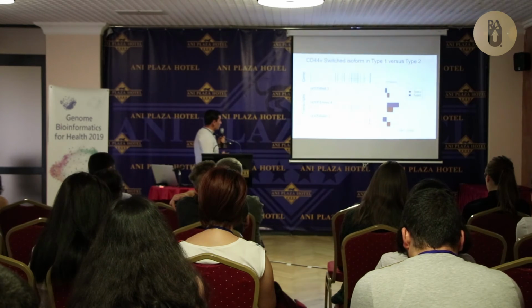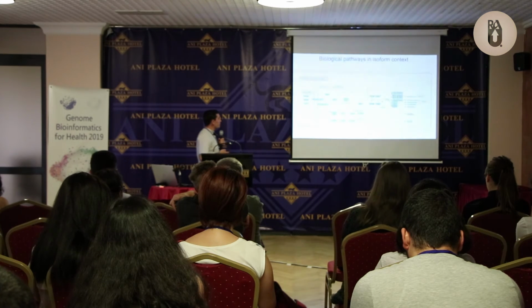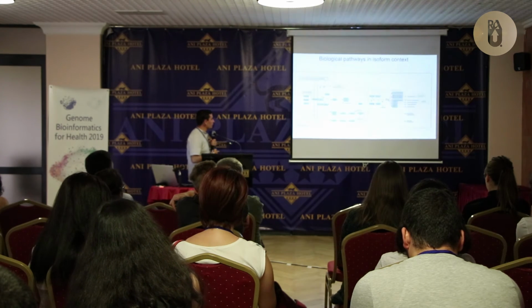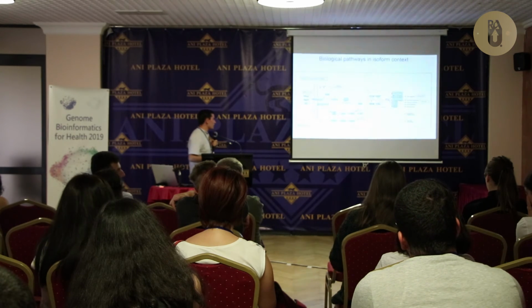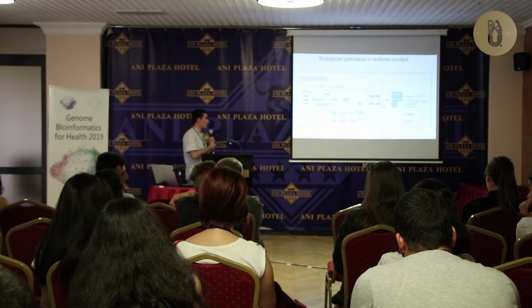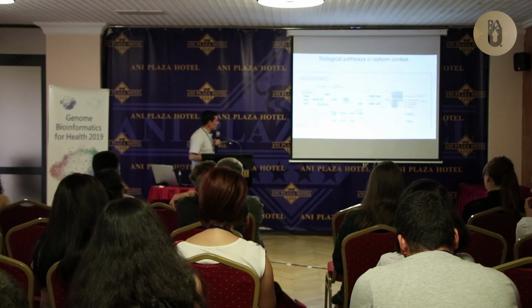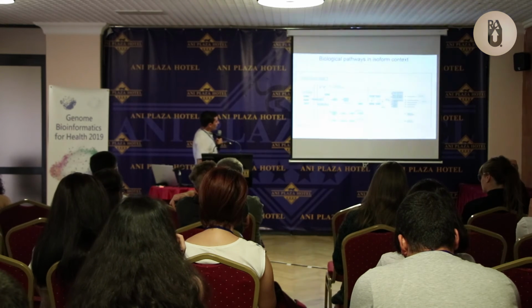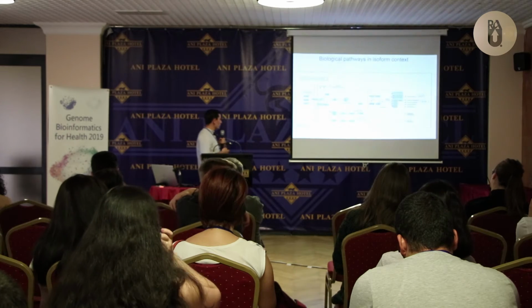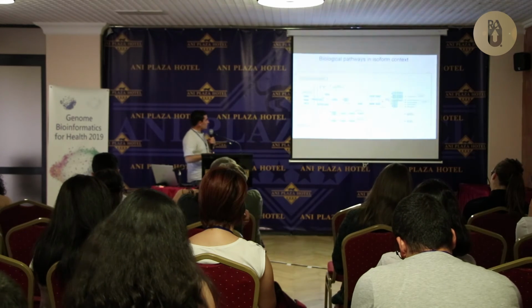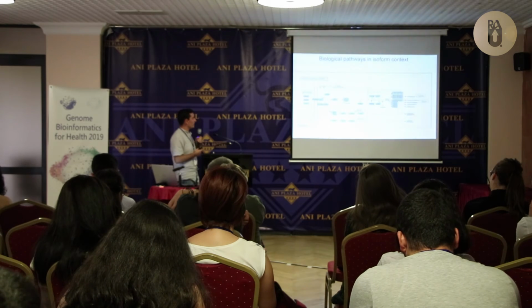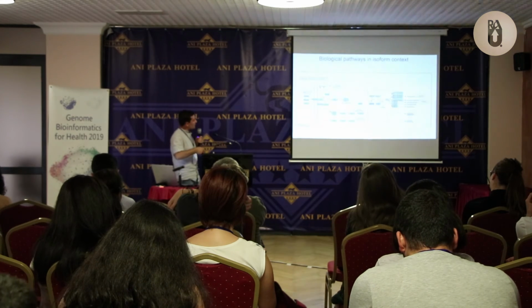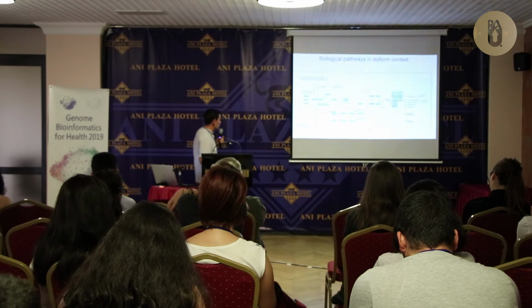So after detection of switched isoforms, we tried to understand whether there is any relation between switched isoforms and pathways. We took the model of pathways from KEGG. These pathways are logically separated into different processes, starting from receptors and ending with some molecular processes.